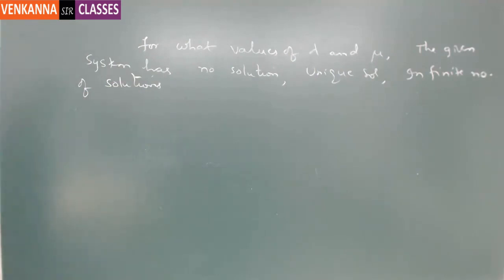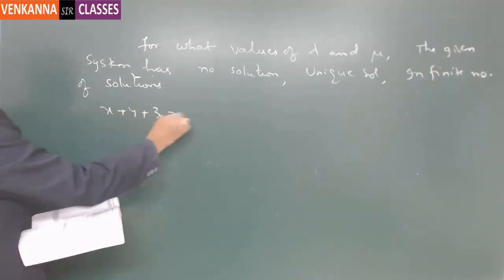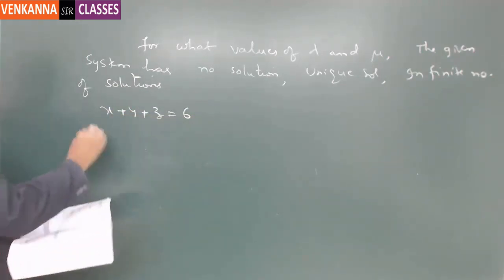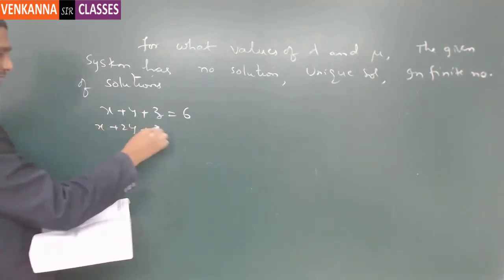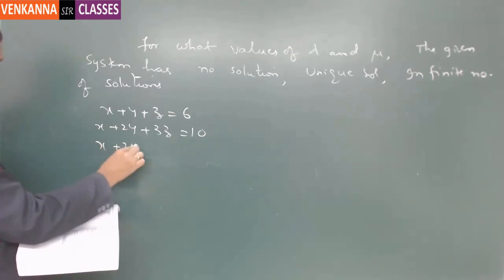And the equations are given as x plus y plus z equal to 6, x plus 2y plus 3z is equal to 10, x plus 2y plus lambda z equal to mu.